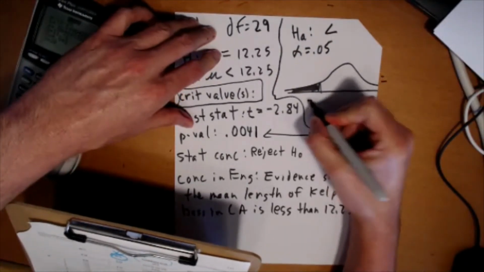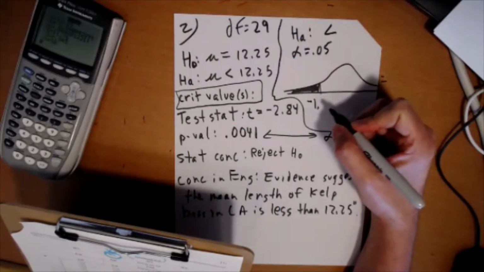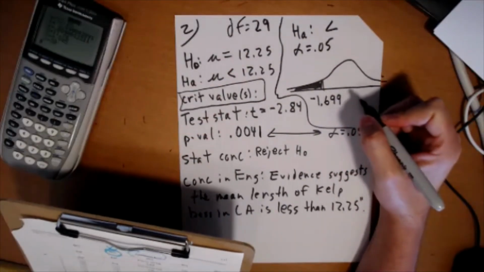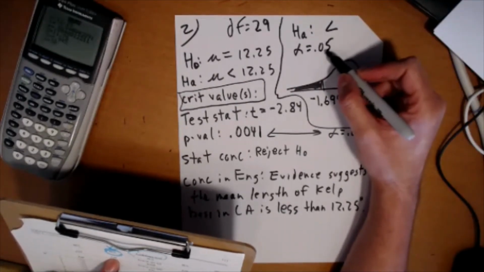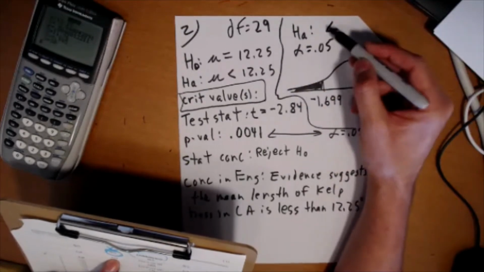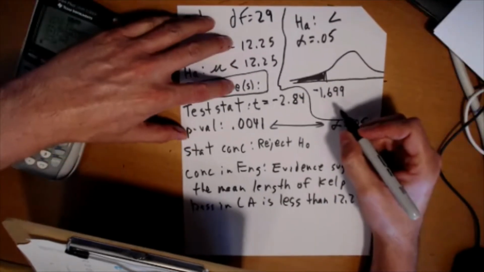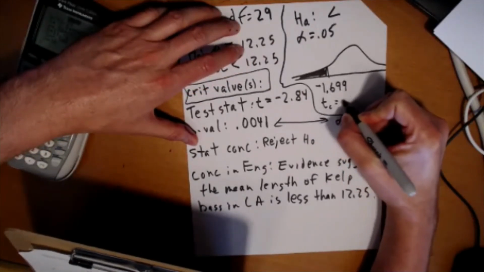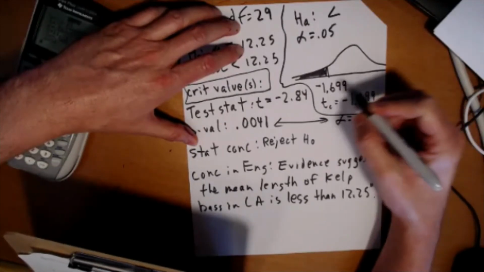So negative 1.699. So that's 5% in one tail with df 29, but it's on the left, so we make it negative. So my critical value, sometimes it's called t critical, is just negative 1.699.